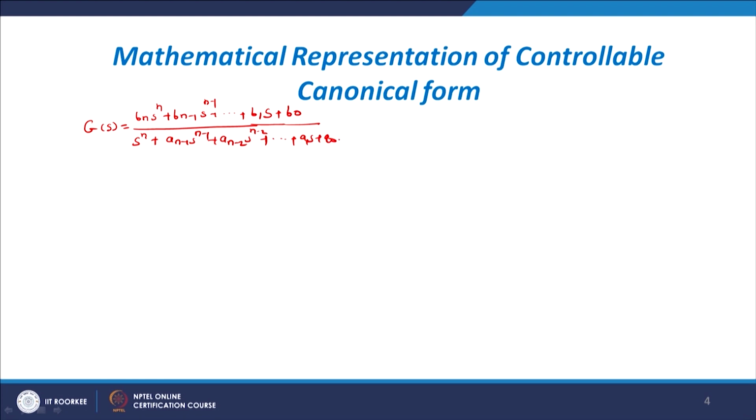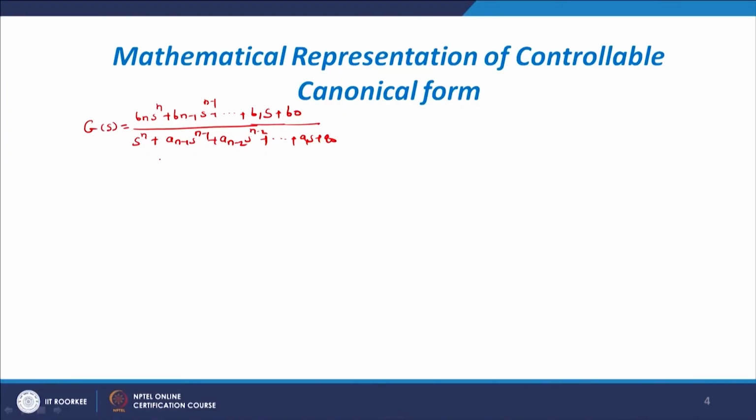So b0, b1 up to bn are the coefficients of the numerator, and a0, a1, up to a n minus 1 are the coefficients of the denominator. Both numerator and denominator are involved.